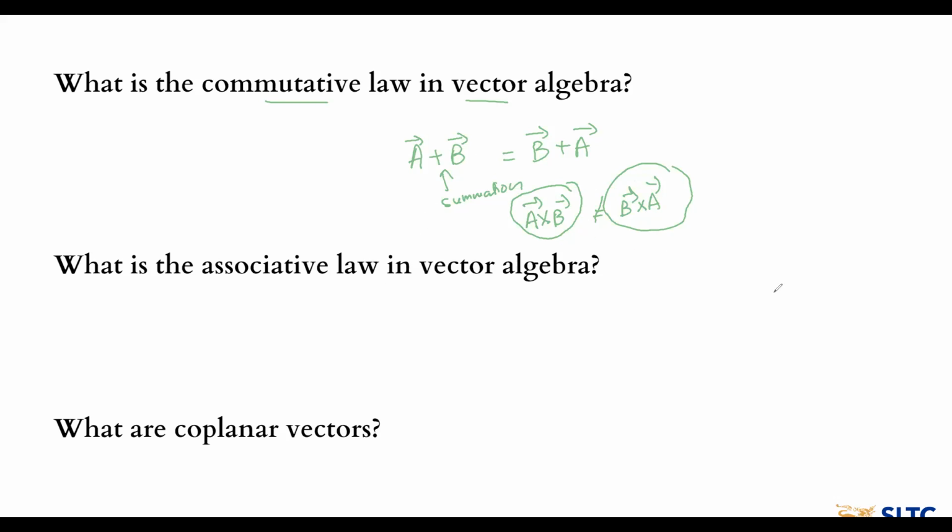Then the associative law. The associative law means that when we do vector addition, adding two vectors first and then adding the rest of the vectors is the same as grouping another set of vectors and then adding the rest. Grouping of vectors does not affect the final output of the vector addition.